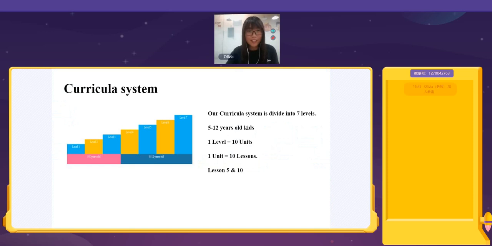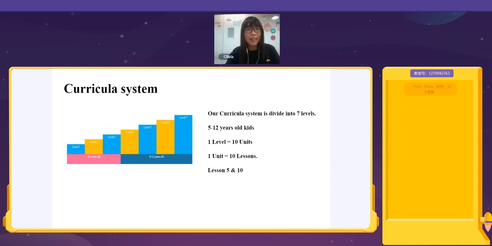Our curricular system is divided into 7 levels. There are 10 units in each level, and each unit includes 10 lessons. Lesson 5 and Lesson 10 are test lessons in each unit.